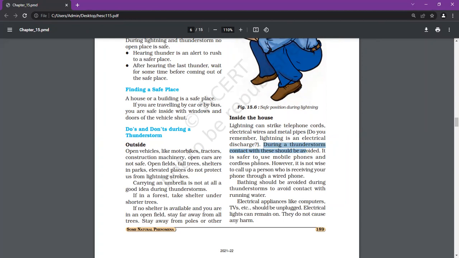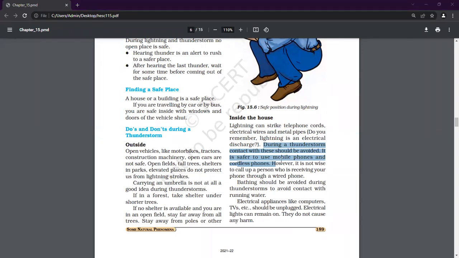It is safer to use mobile phones and cordless phones. Now, it is a myth. Some of the people always used to say that during the lightning process, you should not use your mobile. लाइटनिंग प्रोसेस में मोबाइल यूज नहीं करना चाहिए, ऐसा नहीं है। Mobile is a cordless, it is wireless.